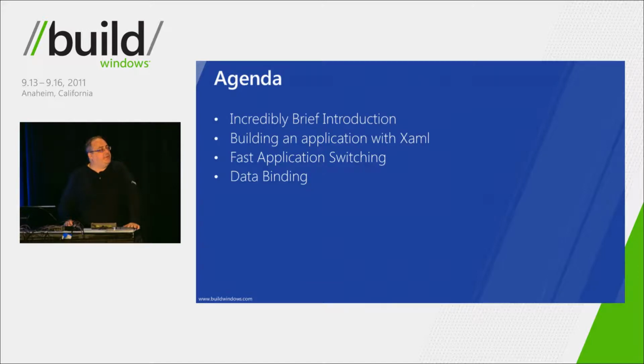And we'll take a couple minutes to look at what it is you need to do in your program, whether your existing program or your new program, to make fast application switching work. And then in a third demo, we will take a look at what is perhaps the key to successful Windows Phone programming, which is data binding.